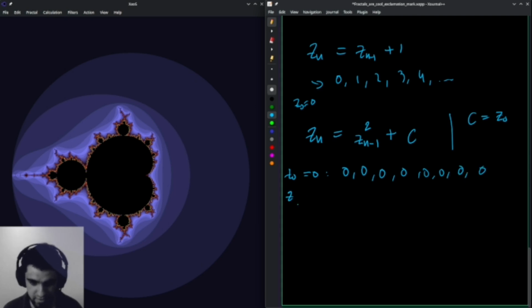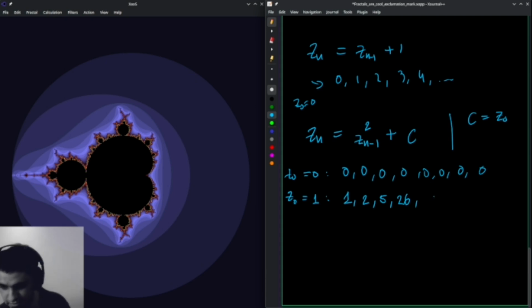What happens instead if z0 is equal to 1? Then we begin at 1. 1 squared plus 1 should be 2. 2 squared plus 1 should be 4 plus 1, which is 5. 5 squared plus 1 should be 25 plus 1, which is 26. 26 squared plus 1, let me take my calculator, 26 times 26 plus 1 is 677.